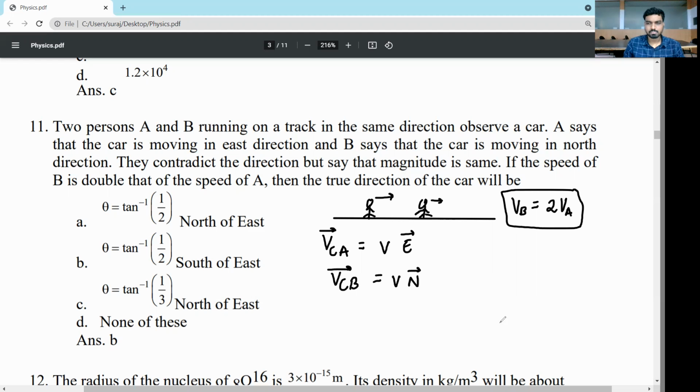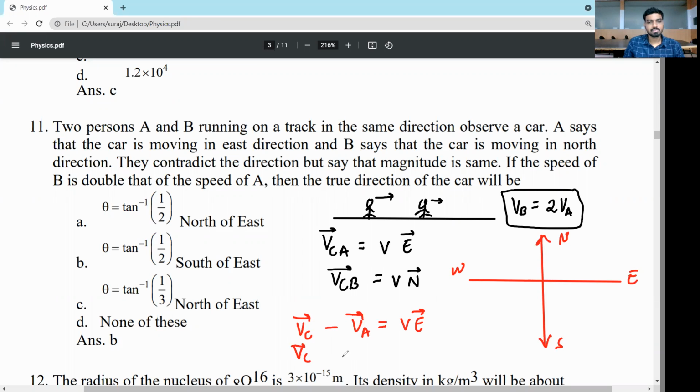Okay. Now listen. How to find the true direction of the car? According to A, it is moving in the east direction. So I just make the directions first. This is east, west, north, south. Velocity of car with respect to A, that means velocity of car minus velocity of A, will be equal to V in east direction.